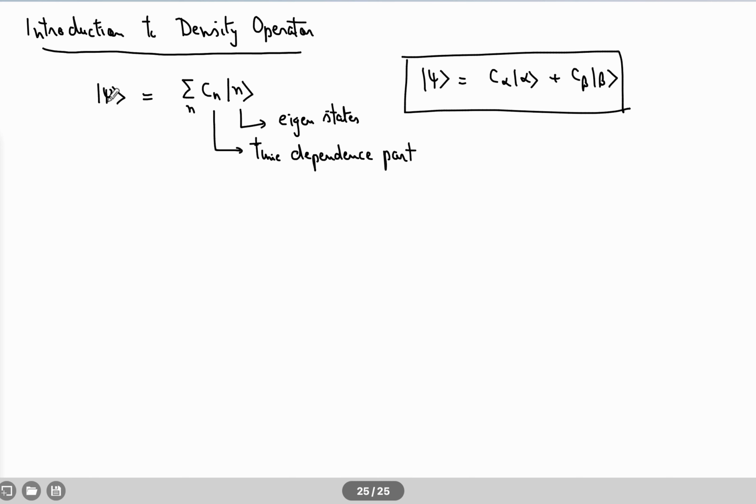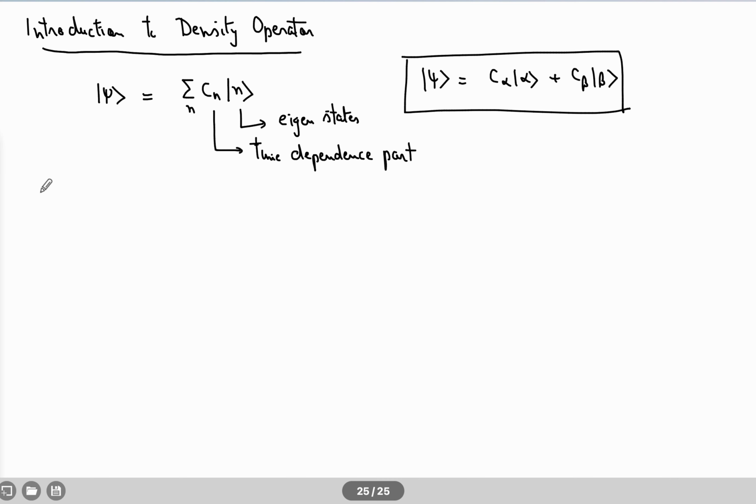If we do not know the state, we can't apply the Hamiltonian, we don't know on what state we have to apply it. And to understand any given quantum state, we need to know the eigenstates and the coefficients. So let us now try to see how to get these coefficients.